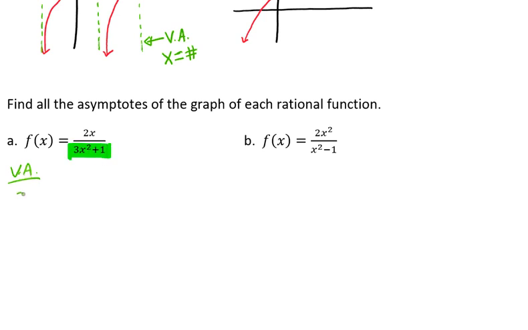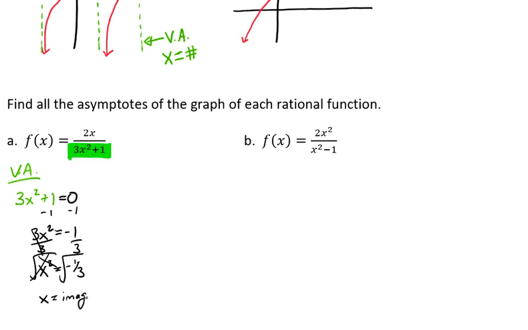So we're going to take our 3x squared plus 1 and set that equal to 0 and solve. So that's going to give us 3x squared equals negative 1. Divide by 3, and we get x squared equals negative 1/3. And then when we square root that, we see that we're going to have an imaginary number. And what that tells us is that there is no vertical asymptote.